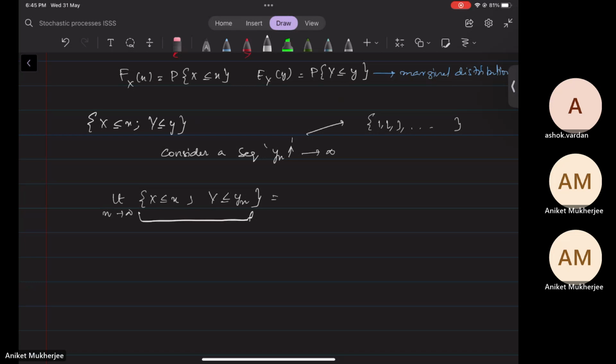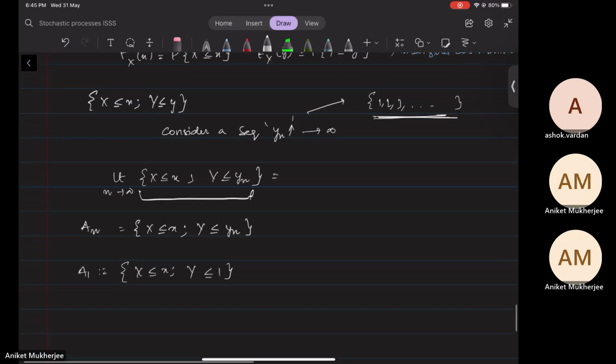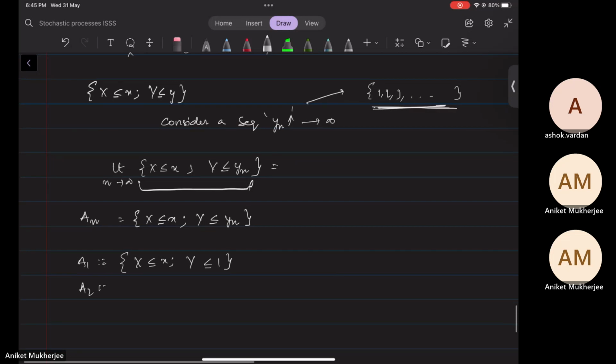Let's take the example where the yn are the sequence of natural numbers, and let the event X less than or equal to x, Y less than or equal to yn be known as An. So A1 would be X less than or equal to x, Y less than or equal to 1. A2 would be X less than or equal to x, Y less than or equal to 2.